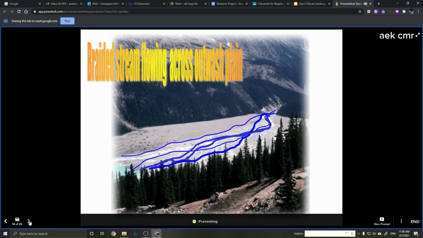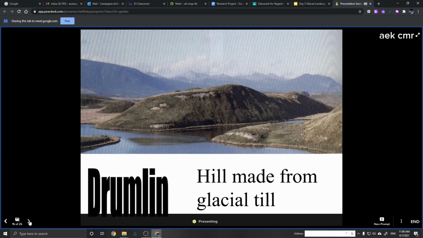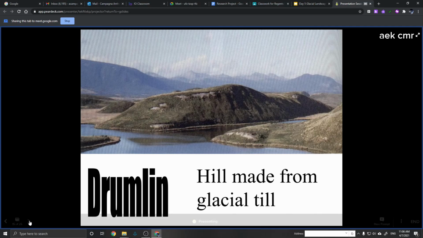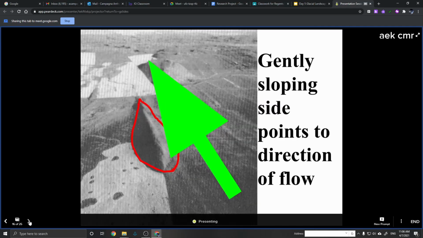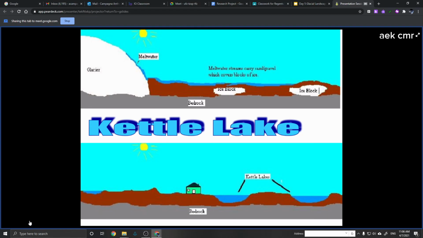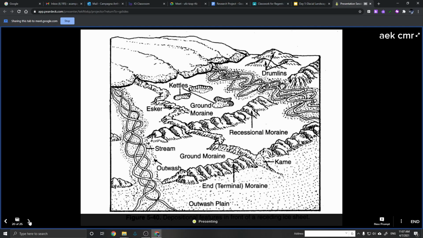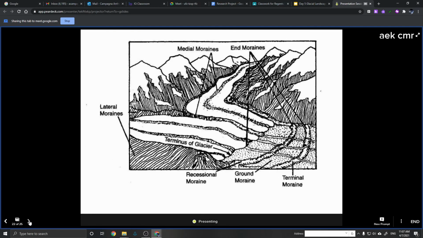Braided streams are generally the kind that we're going to find in the outwash plain. Drumlins, piles of rocks run over by a glacier. They point in the direction that the glacier goes in. Kettle lakes, chunks of ice that broke off the glacier, melted, and left small lakes behind. And that is pretty much it.